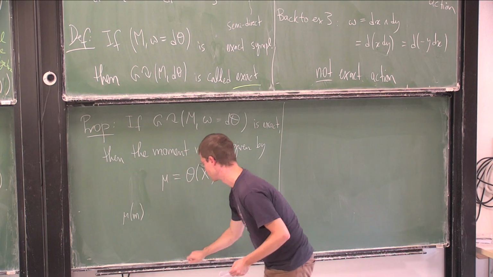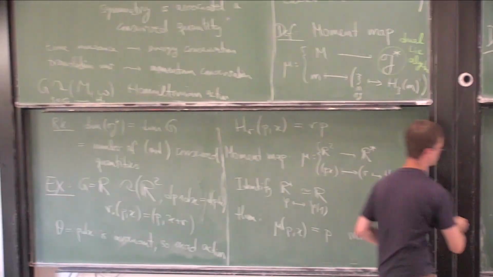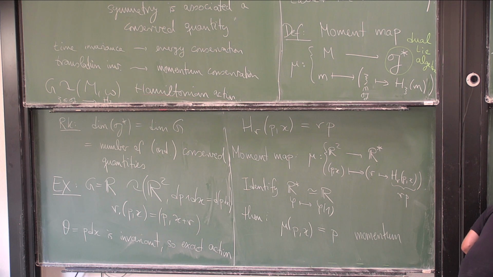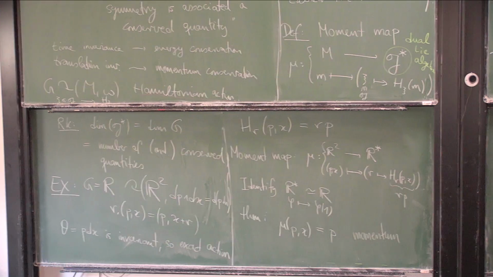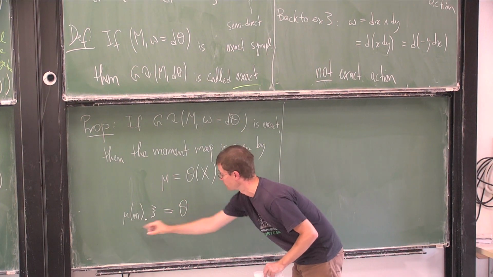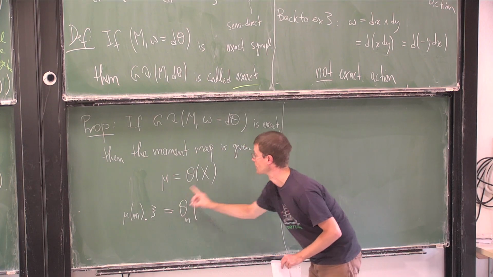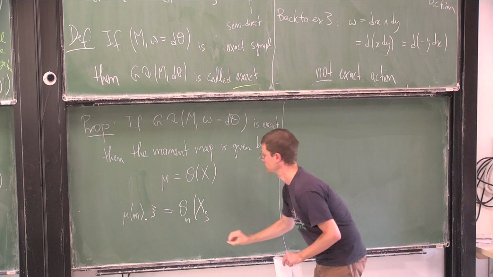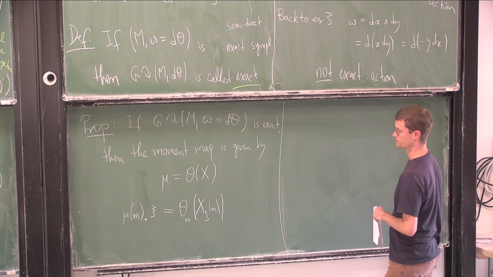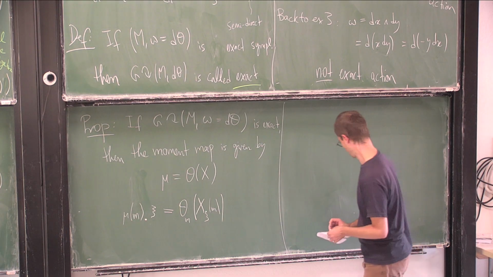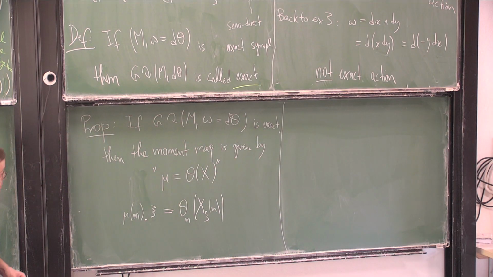So it takes a point of my manifold, and then it should act on some element psi of the Lie algebra. What this formula tells us is we should take this one-form theta at the point m, and evaluate it at the vector field associated to psi at the point m.